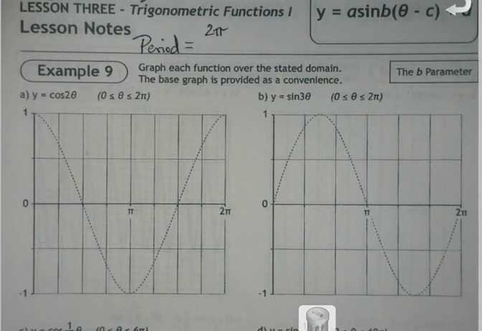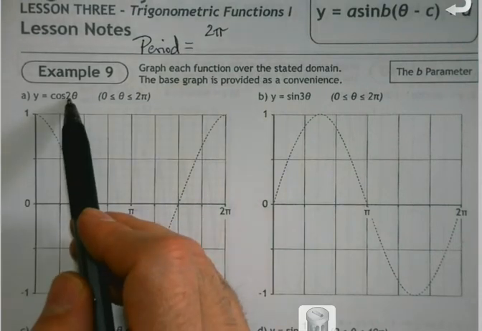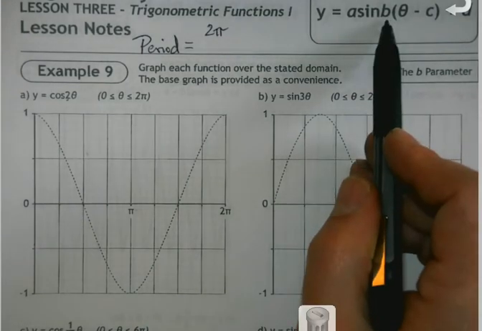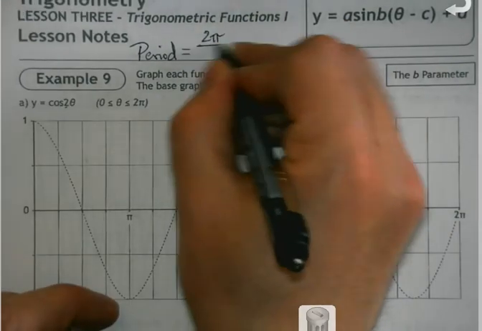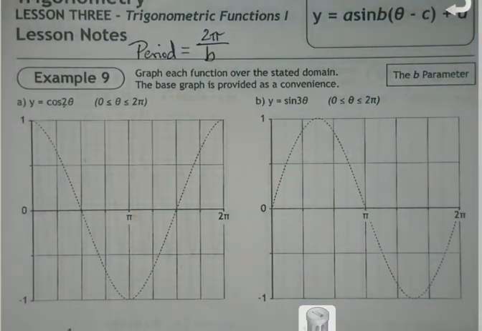However, now there's going to be a value popping up in front of my theta. That's where my period's found. Whenever that happens, we're going to be dividing that 2 pi by this value, which is going to kind of squish things up a little bit.